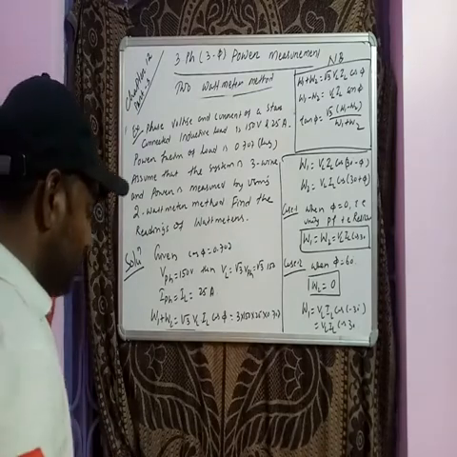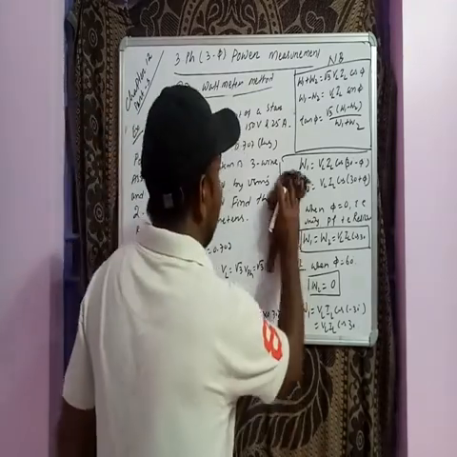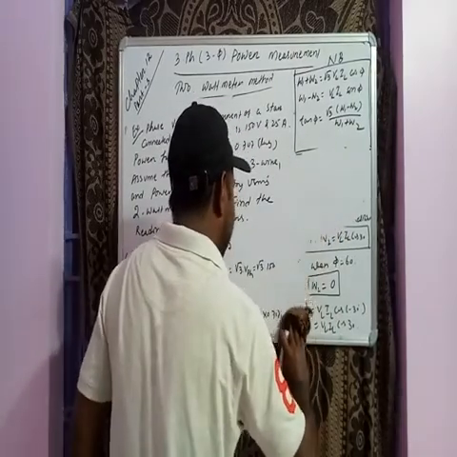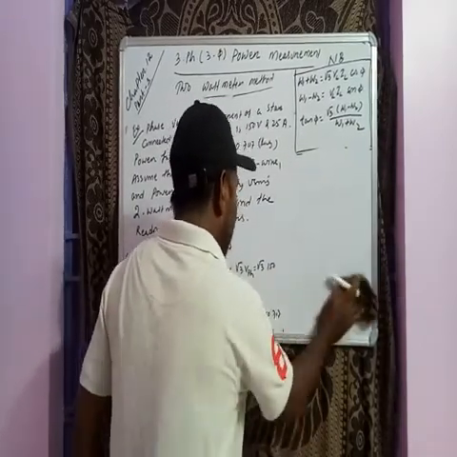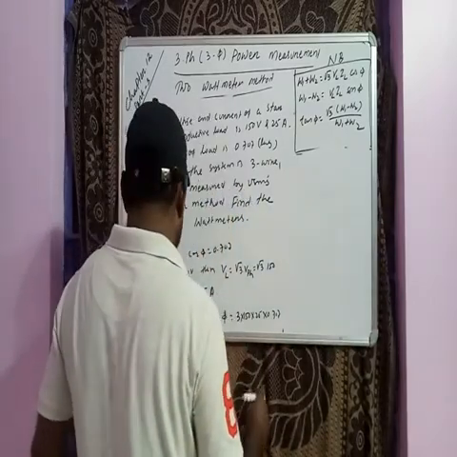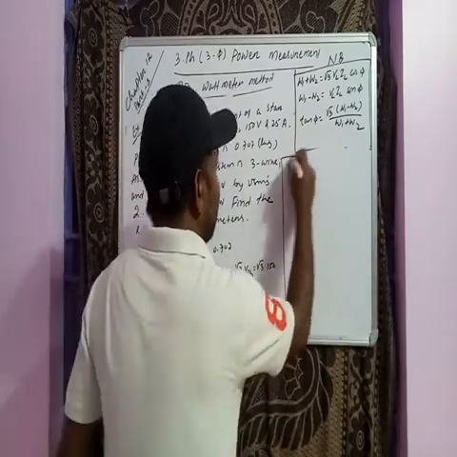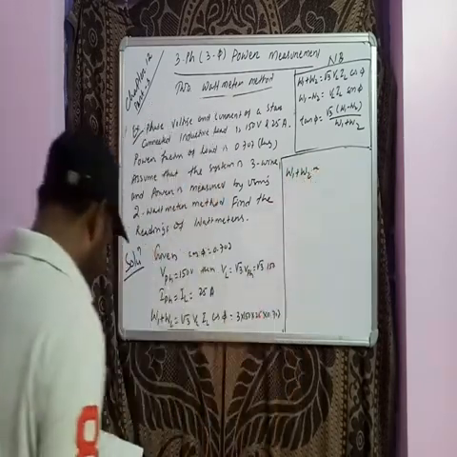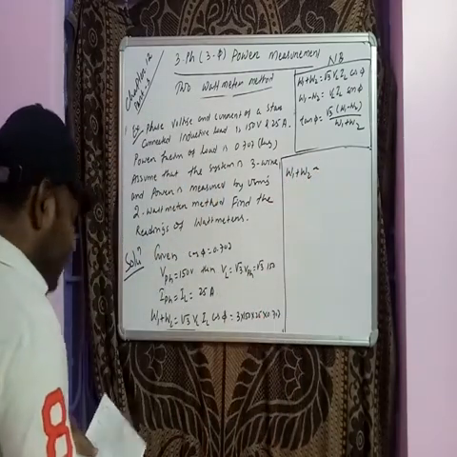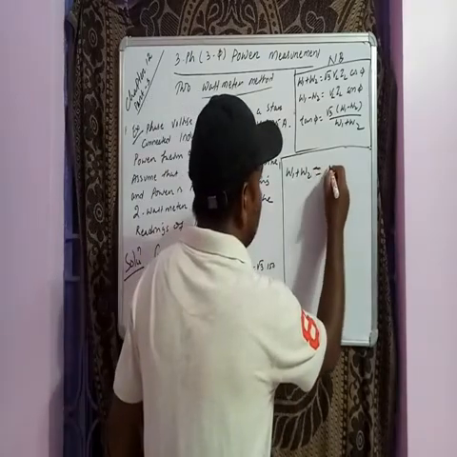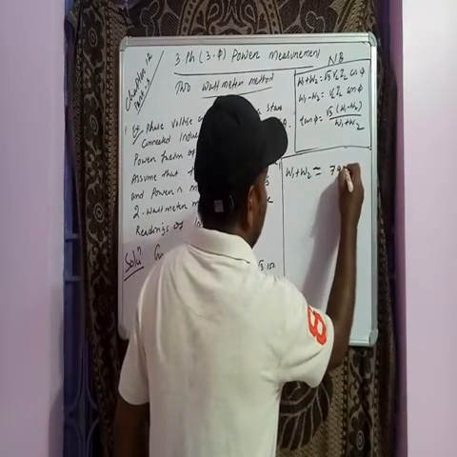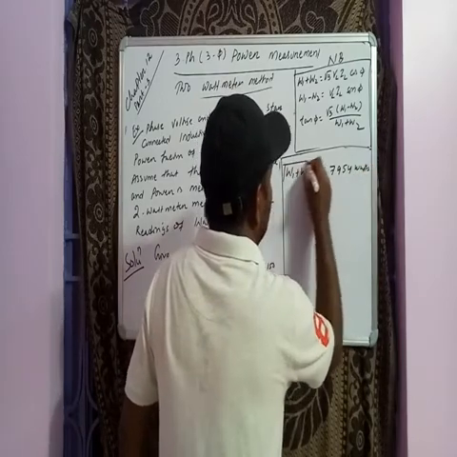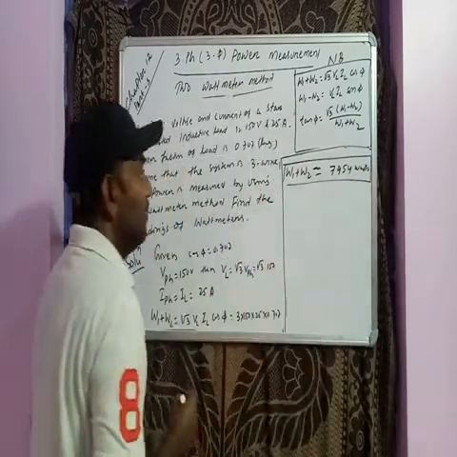And this will give you 7954. So W1 plus W2 is coming 7954 watts. Okay, so we'll get one value.